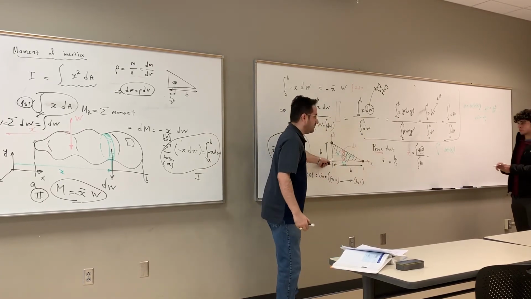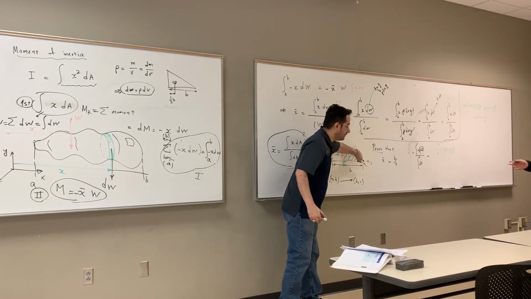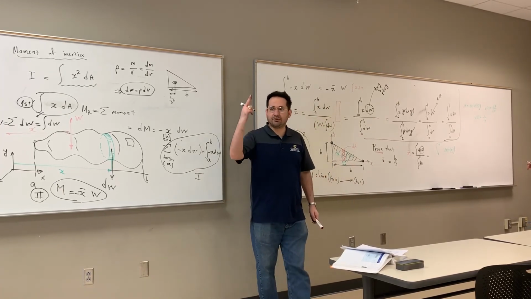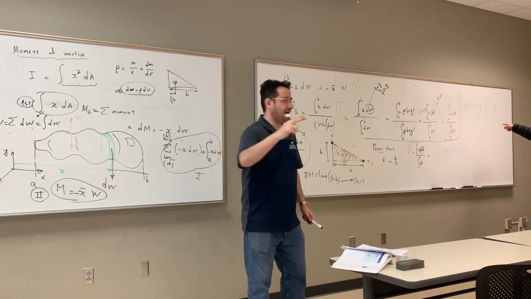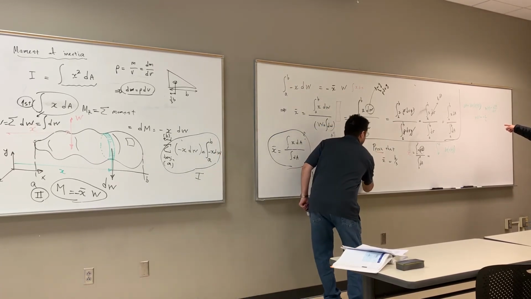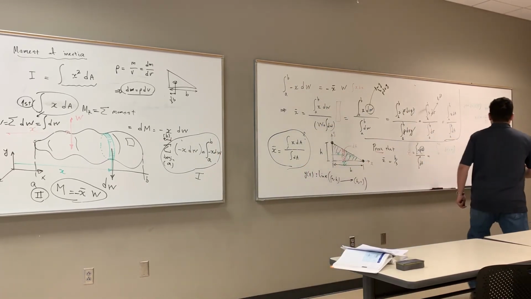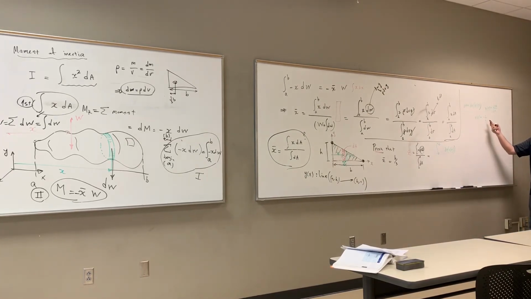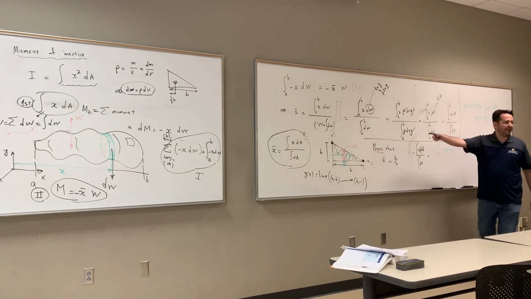You see? 0 and h goes through b and 0. So what's the equation of a line between 2 points? Y minus... Negative h over b. No, that's not it. If x is 0, what do you get? So that negative h over b. Yeah, but you should get only h.